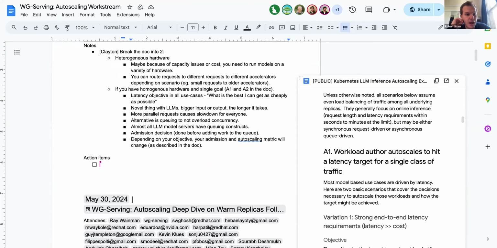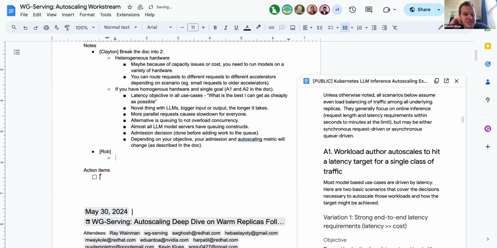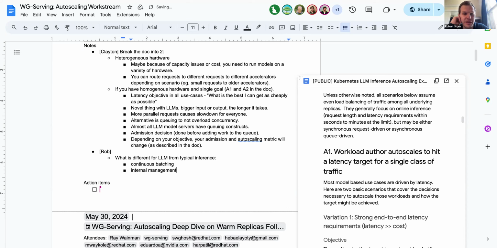So I think that this makes a lot of sense. The only thing that I think is different about LLMs, as it relates to typical inference serving, is specifically this queuing and concurrency concept. The continuous batching and internal management of the queuing and concurrency definitely creates some surprising dynamics.